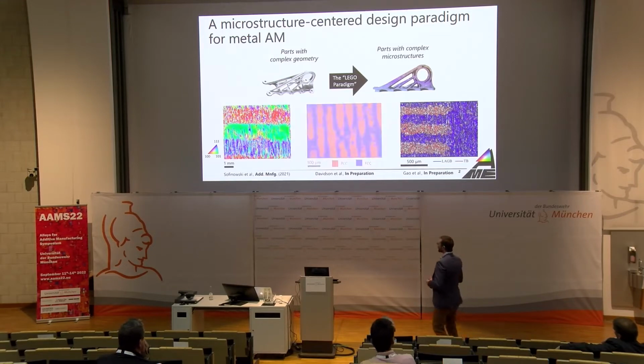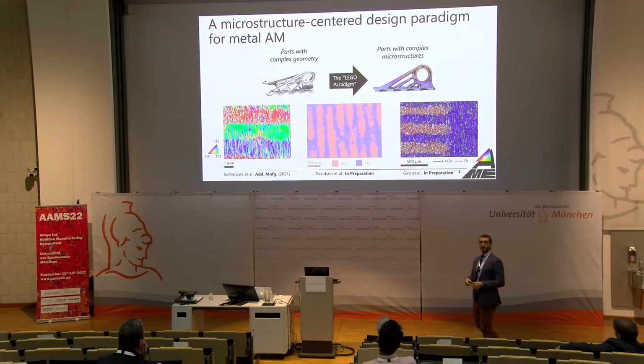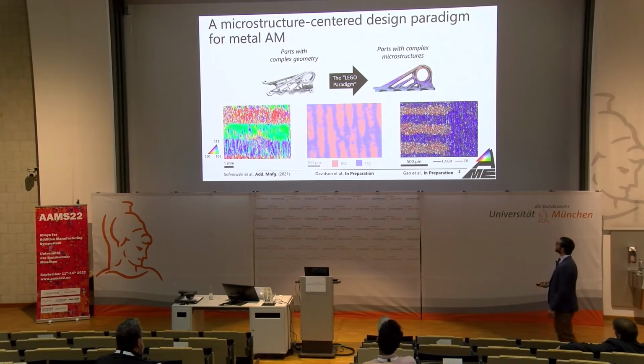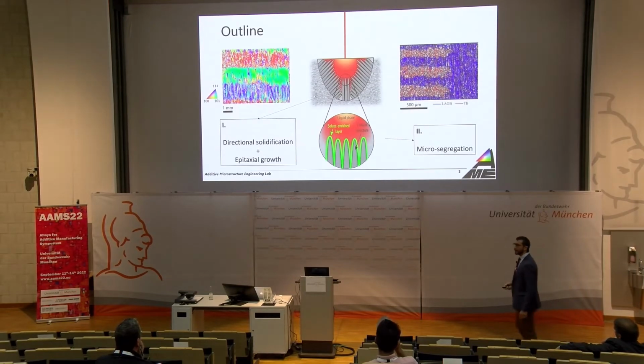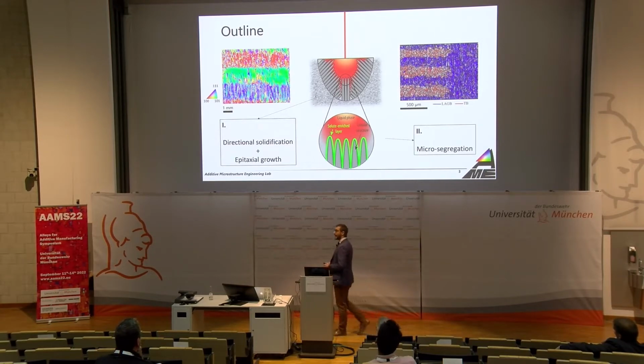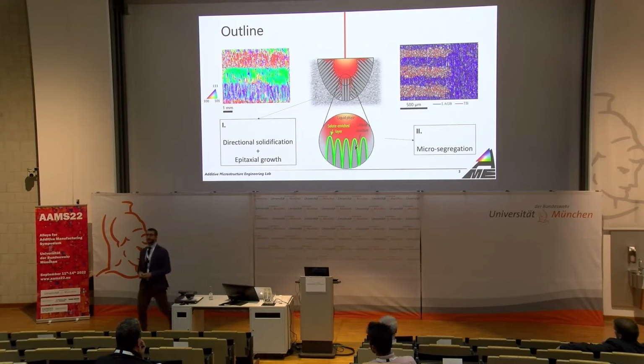And so the two stories that I want to talk about today are actually those two. I'll start off by looking at grain orientation control, and then the second part of the presentation, I'll talk about this grain boundary character distribution control. This is my visual outline. The idea behind this visual outline is that it should convey the idea that it boils down to the melt pool.